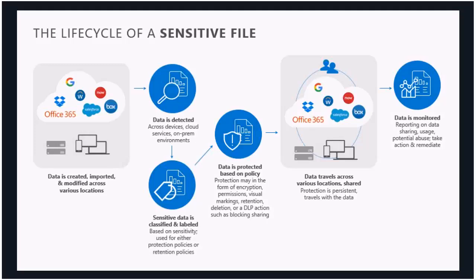And then that file may end up in another organization, with users of another organization, where the entire lifecycle of the file and the sensitivity of the file are not addressed.